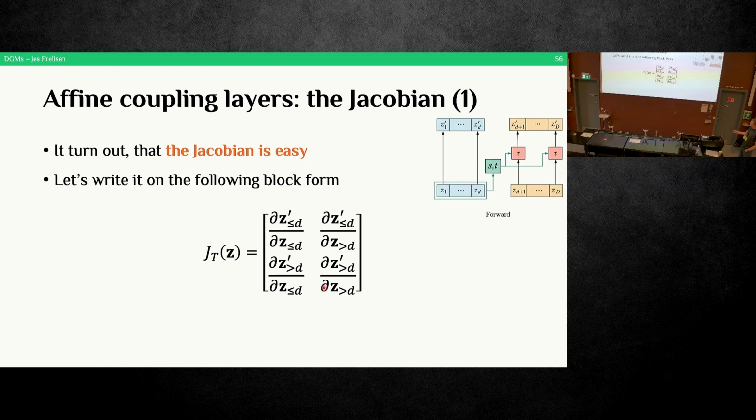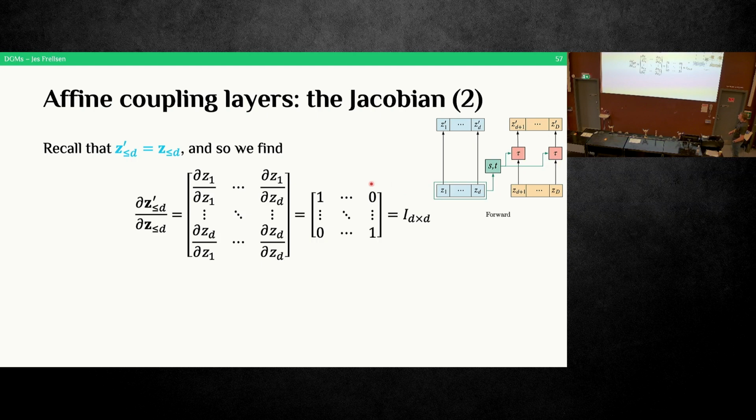This one down here corresponds to the partial derivatives of the last outputs with respect to the first inputs. And then these are the cross terms: the partial derivatives of these guys with respect to these guys down here, and of these guys up here with respect to these guys down here.